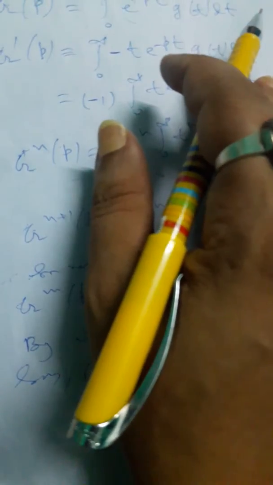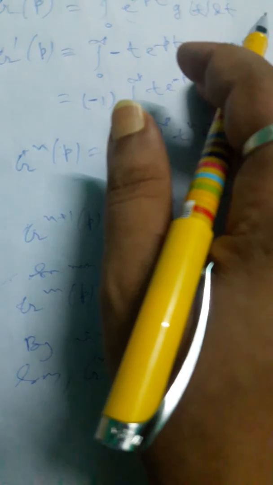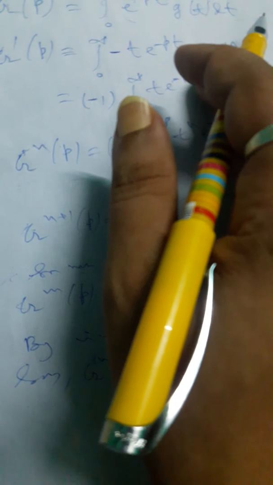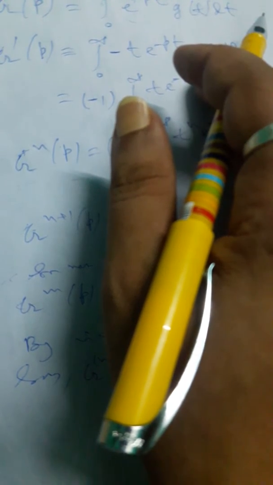It is clear, and it exists for real p greater than a if g(t) is of exponential order e to the power at, a being a constant. So in this way we find the important result, and we came to know how to find the derivative of the Laplace transform.